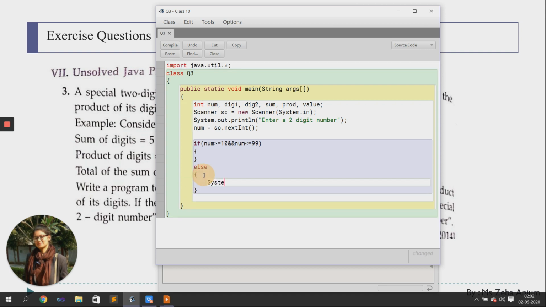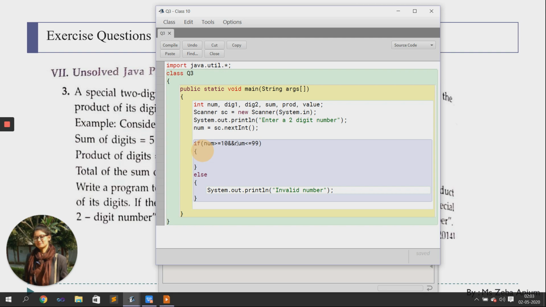Now write System.out.println("Invalid number"), so that you always enter the correct number. Now, if you have entered a 2-digit number, then you have to calculate digit1 as well as digit2.